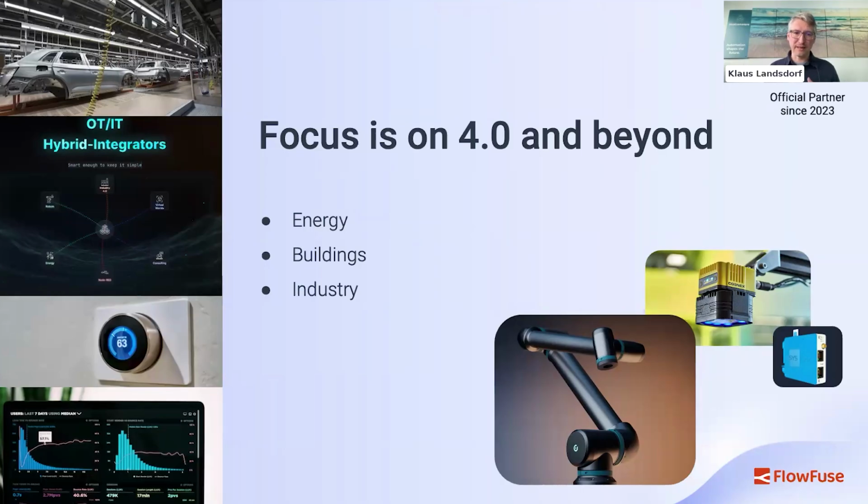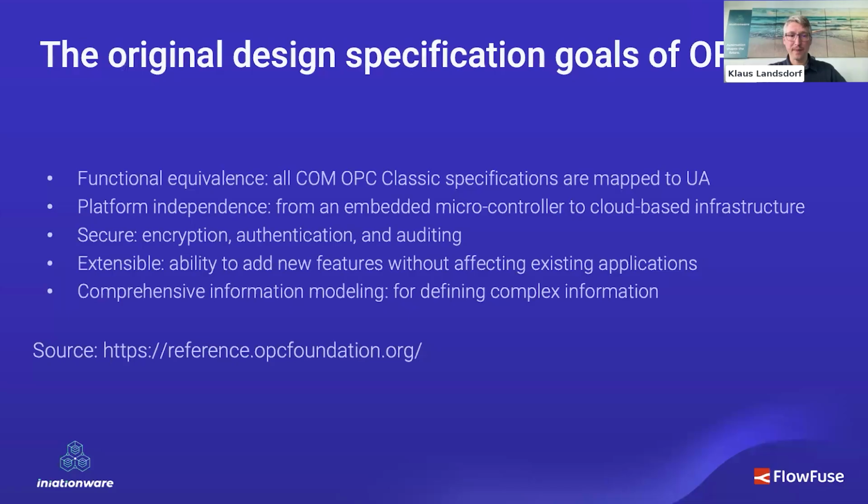Sometimes also BACnet, if you are more in buildings. And you have to control a lot of things, robots, cameras, routers, a lot of things you can use OPC UA for, and also to control them or sometimes to send out firmware.